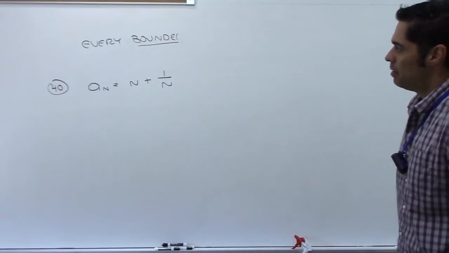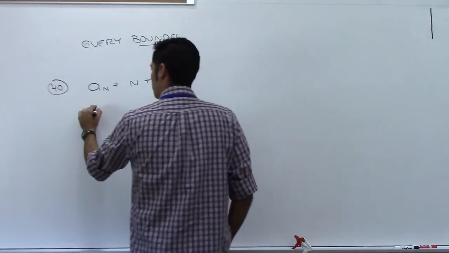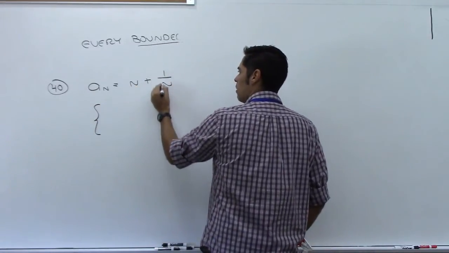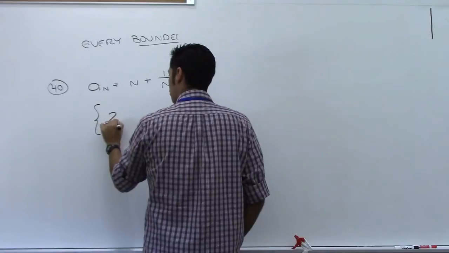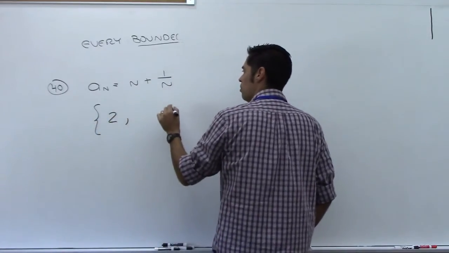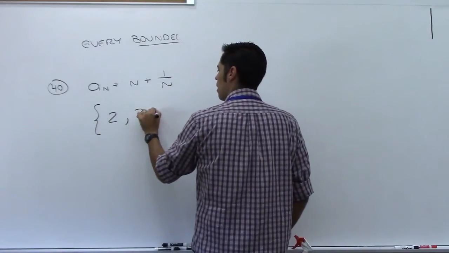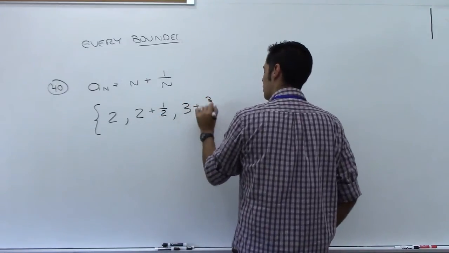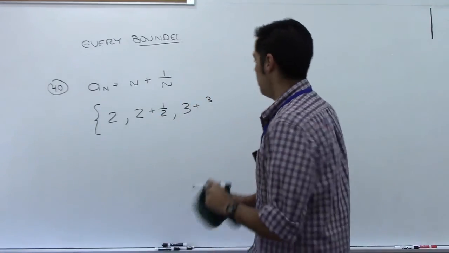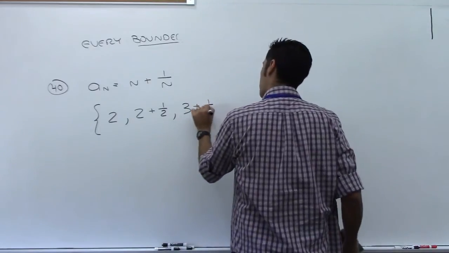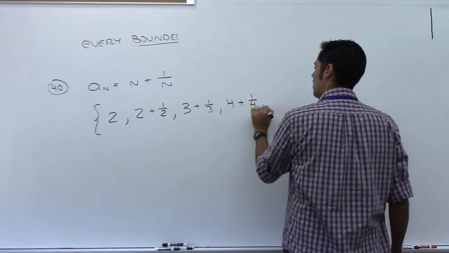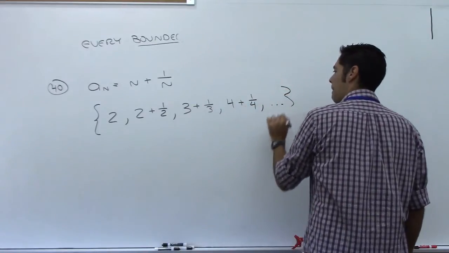All right, so let's take a look at this. Let's try and get a feel for what's happening here. If I plug in 1, I get 1 plus 1 over 1, that's going to be 2. If I plug in 2, I'm going to get 2 plus a half. If I plug in 3, I'm going to get 3 plus a third. 4 plus a fourth, and so on and so forth.